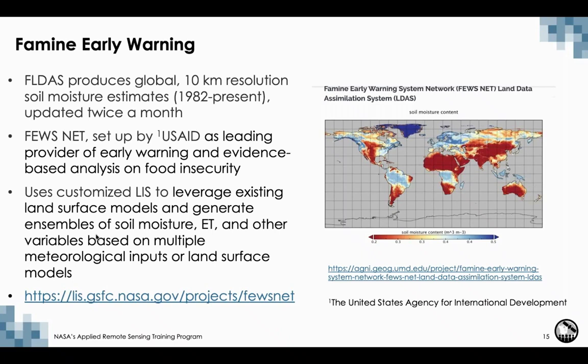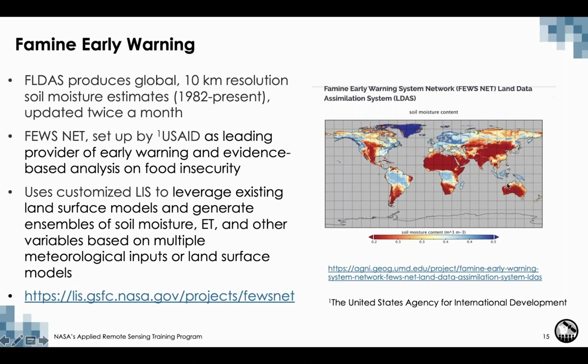It uses Land Information System to leverage existing land surface models and generate ensemble of soil moisture, ET, and other variables based on multiple meteorological inputs or land surface models. So to reduce uncertainties, multiple inputs are used, multiple land surface models are used, and ensemble is then used to come up with parameters which can indicate if there is famine onset going on, or if there is food insecurity resulting because of that.